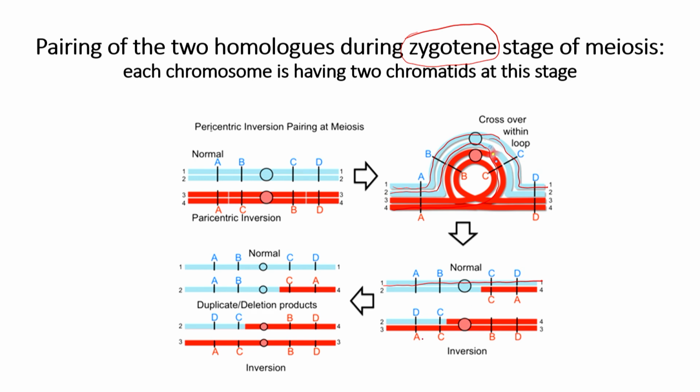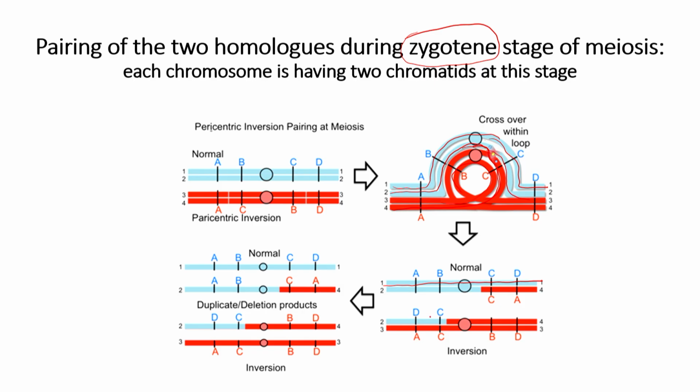The bottom one is straight A, C, B, D. The next one has A, C, B, D. So this is going like this, and this is like this, and then this is coming like this.